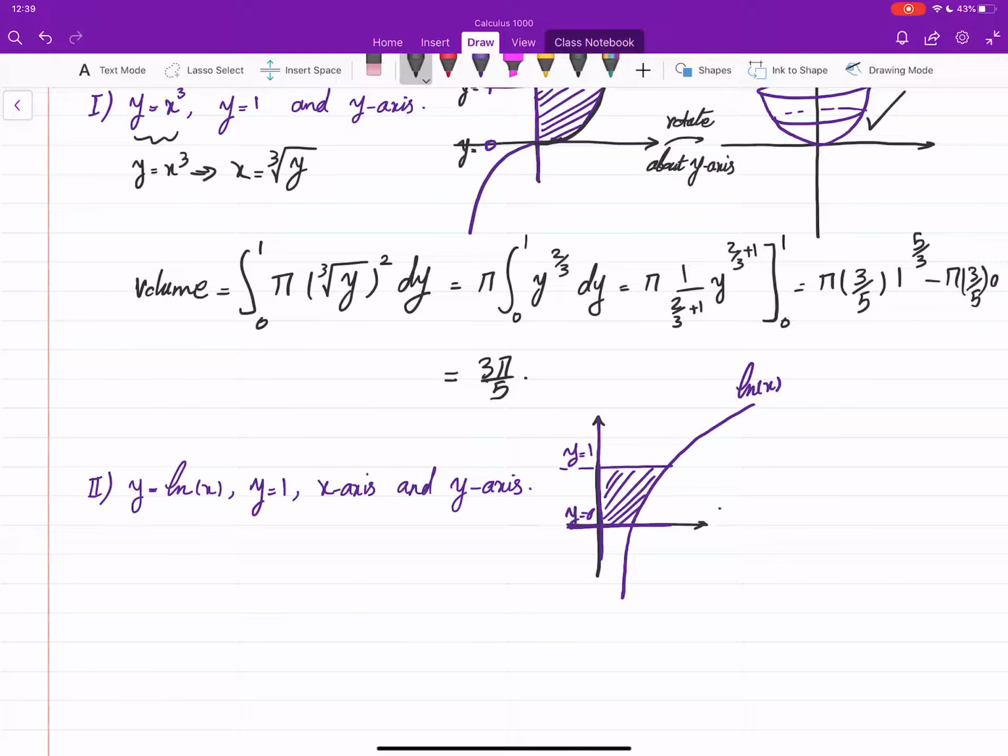And then we rotate it about the y-axis. So what we get is a three-dimensional solid of revolution of this form.